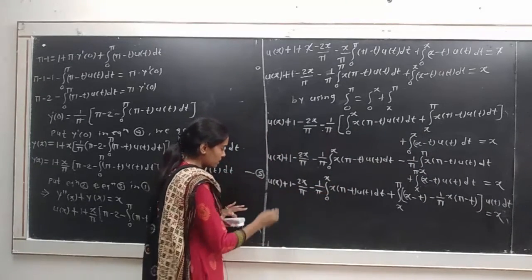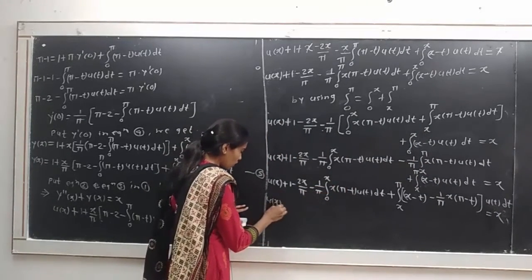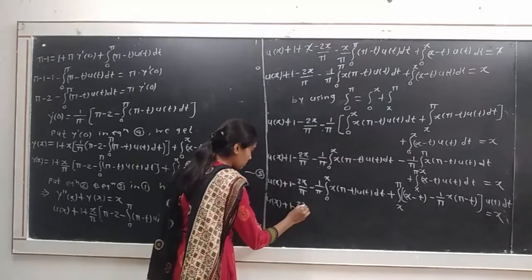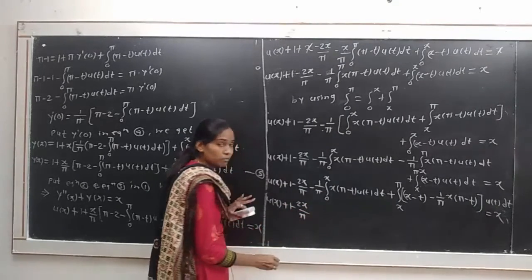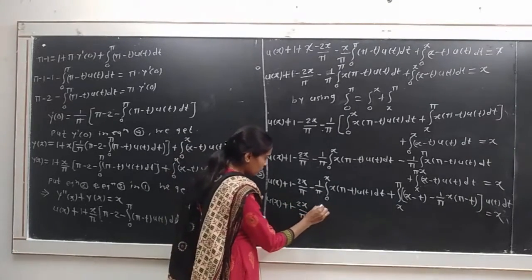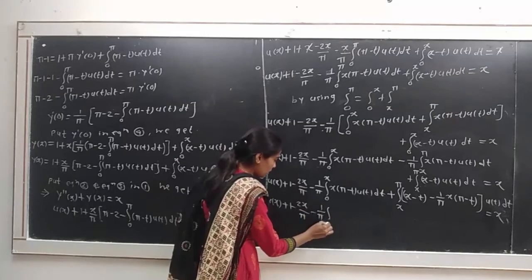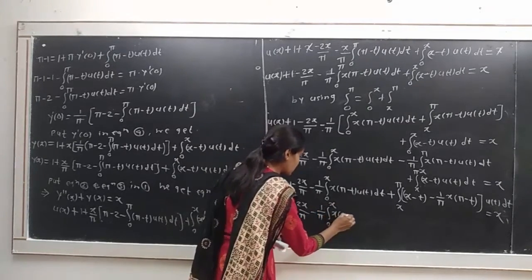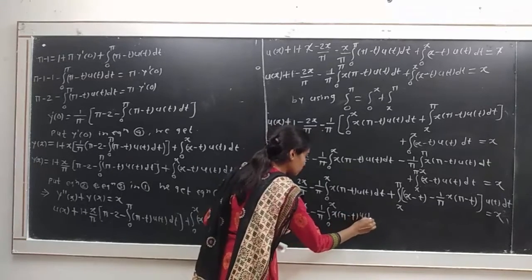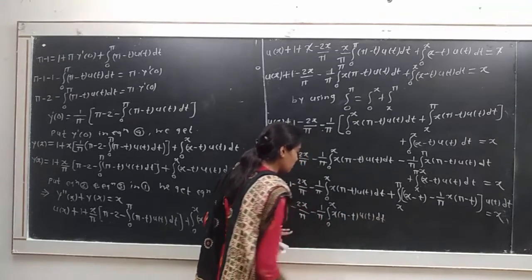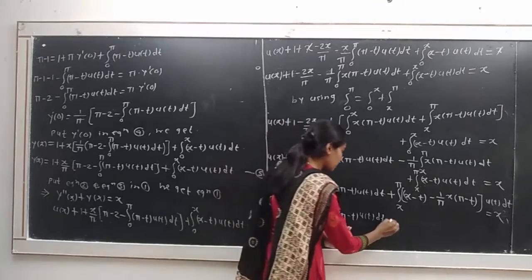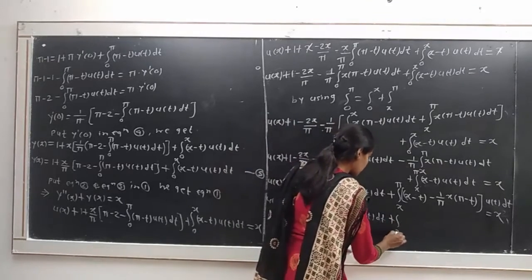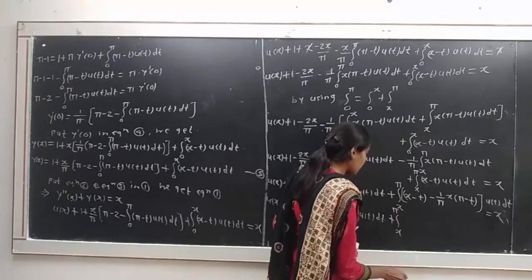When we simplify this, we get u of x plus 1 minus 2x divided by pi, okay, minus 1 by pi integration from 0 to x pi minus t into u of t dt plus integration from x to pi.